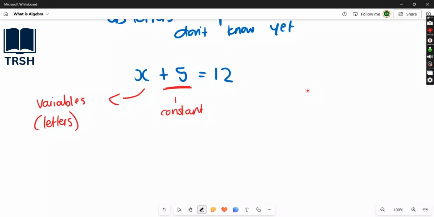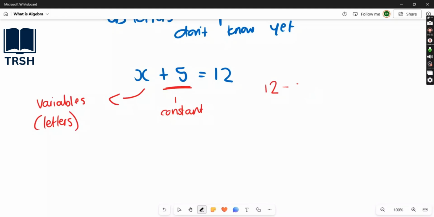So in order for us to solve this, we need to figure out, okay, we have an unknown number and we're adding 5 to it and we're getting 12. How would we get to our answer? So essentially, this is a basic example. You could just do the inverse of a plus, which is a minus, and work backwards to find your unknown number.